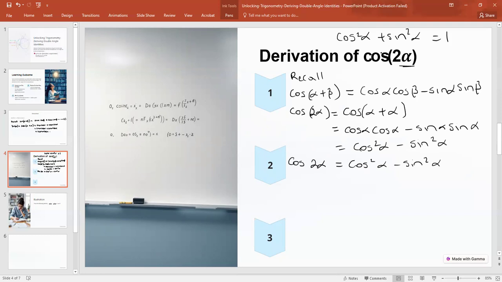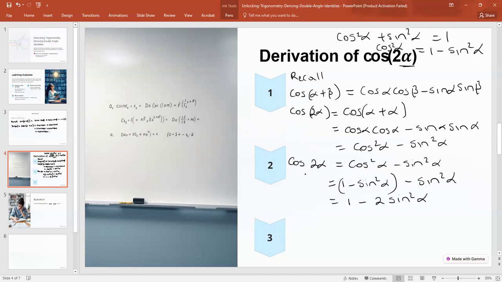From this expression, we obtain that cos squared of alpha can be written as 1 minus sine squared alpha. So we substitute it into this expression here. So this can be written as 1 minus sine squared alpha, bracket, minus sine squared alpha. If you open up the bracket, we will obtain 1 minus 2 sine squared alpha.